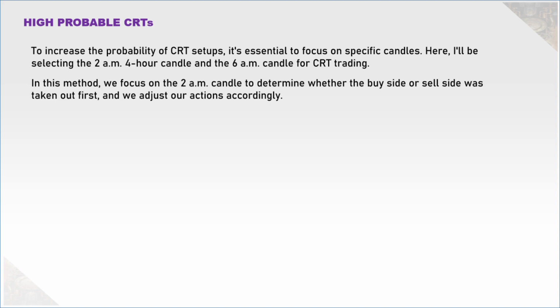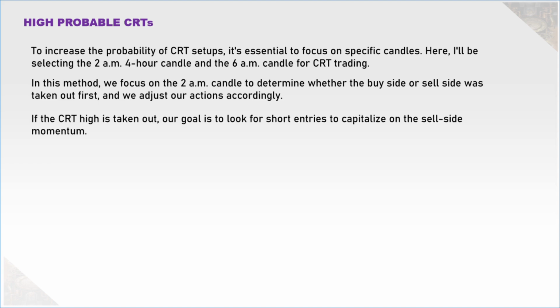If price has taken out the highs, we must be going for sell side momentum, and if price is taking out the 2 a.m. lows, we must be going for buy side momentum, and we'll be looking for the SMT divergences for the high probable reversals, right? If the CRT high is taken out, our goal is to first look for short entries to capitalize on the sell side momentum.